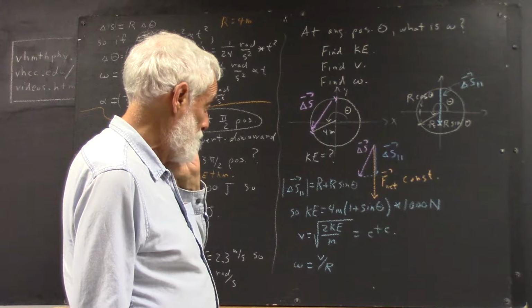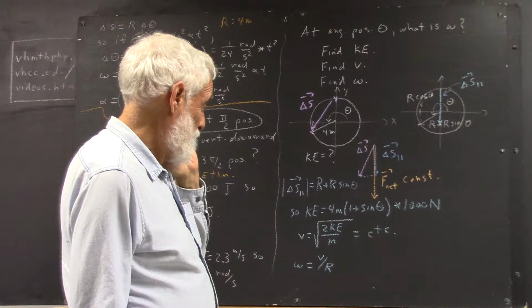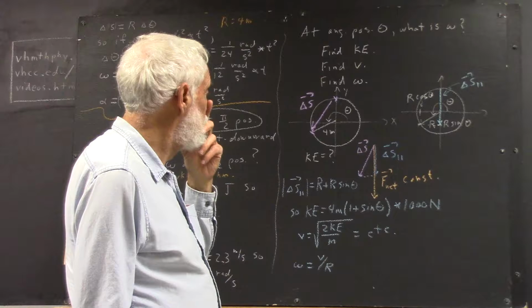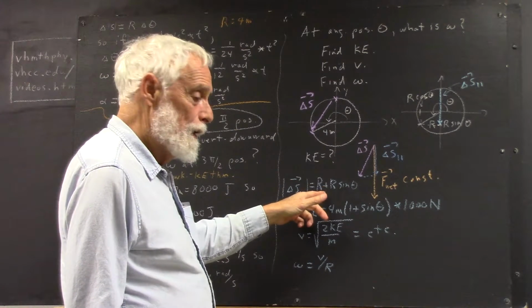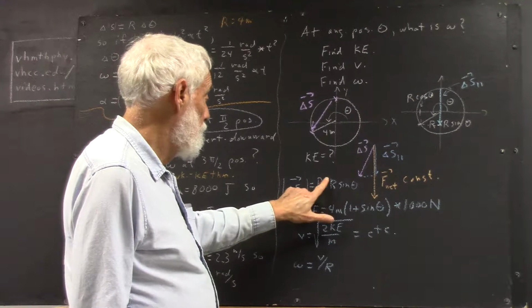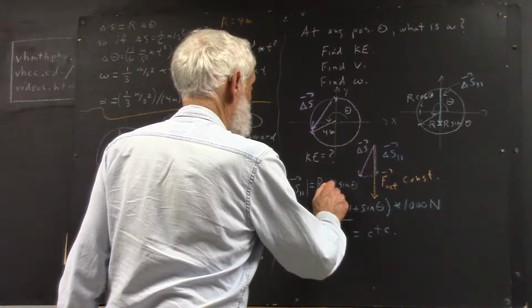And you know, I really kind of wrote that down wrong. It's going to be r minus r sine theta, and I'll let you think about why.